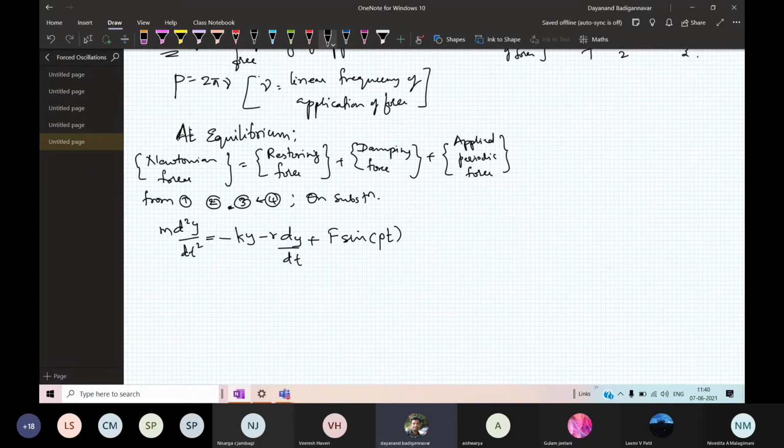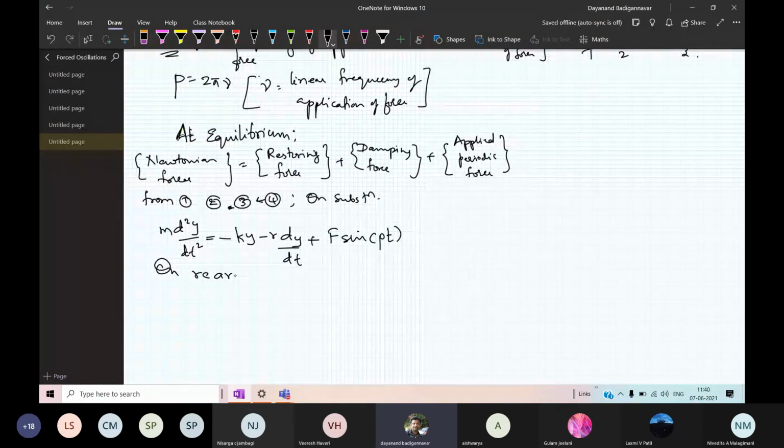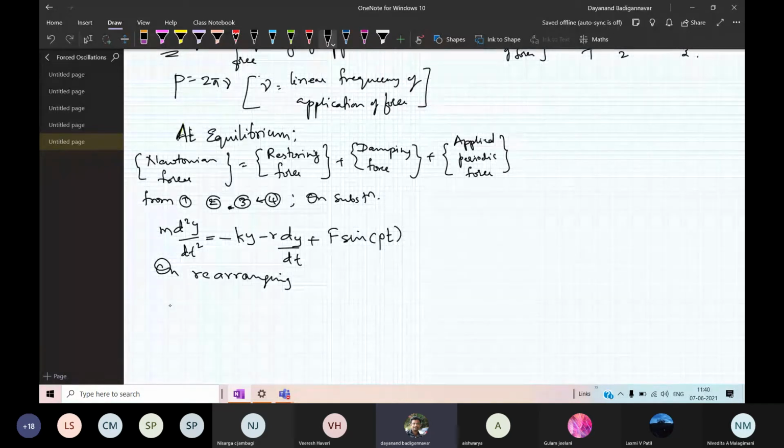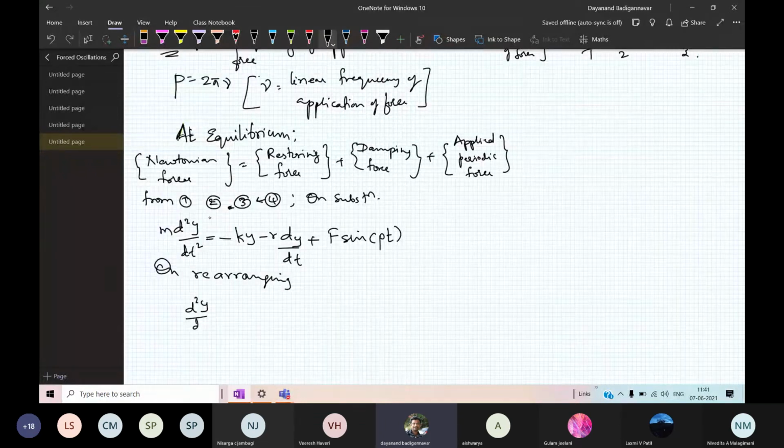Now on rearranging, I will take m to the left hand side.